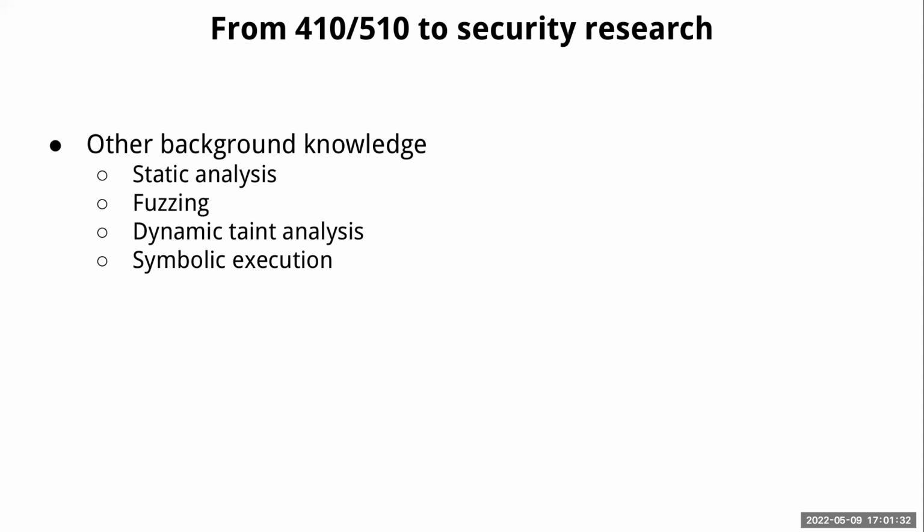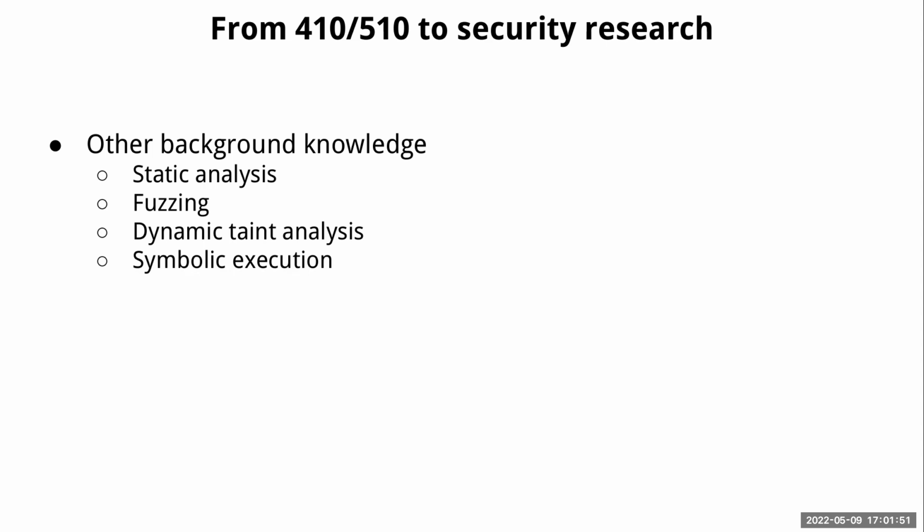The first one is static analysis, the second is fuzzing, then dynamic taint analysis, and also symbolic execution. Some of the terms, maybe you have heard of before. For example, static analysis, if you took compiler classes or principles of programming languages courses, you heard about that all the time.